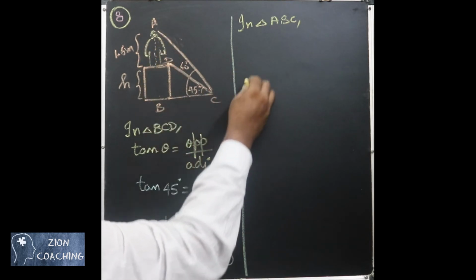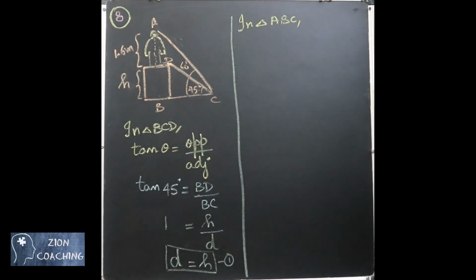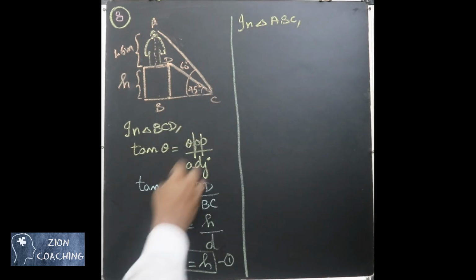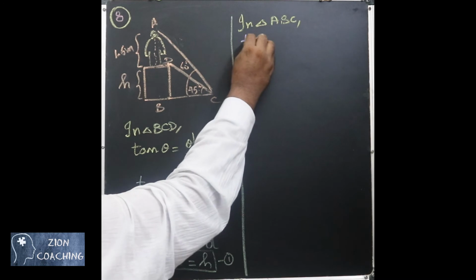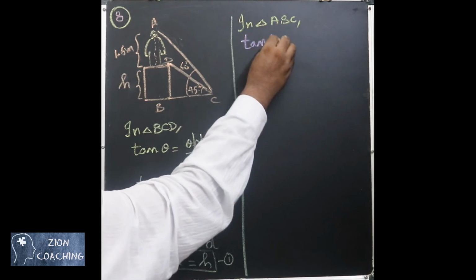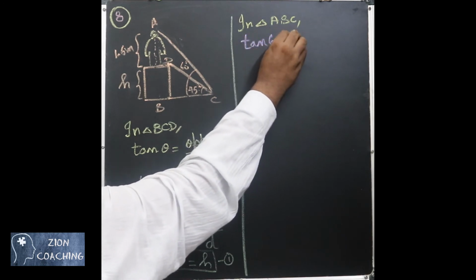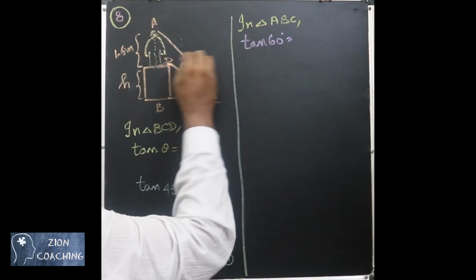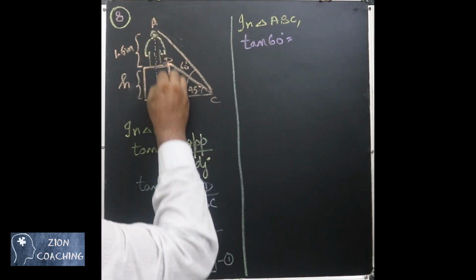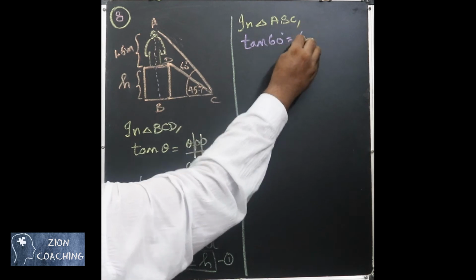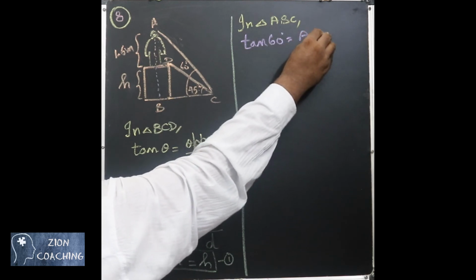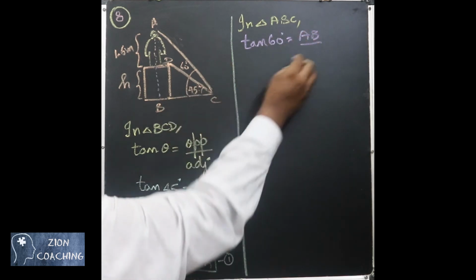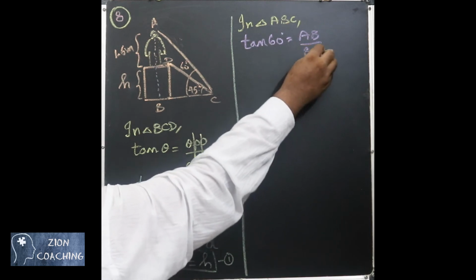So again it is tan theta. Now the angle is going to be tan 60 degree. Tan 60 degree is equal to opposite side, which is AB. You can see this entirely is the opposite side, AB, by the adjacent side, that is BC.